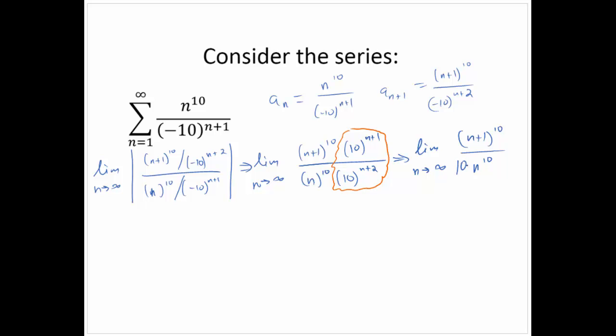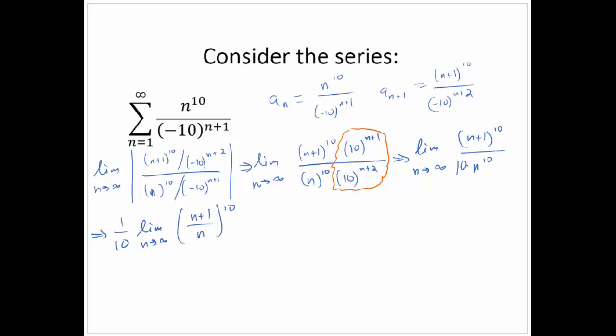I can bring that 1/10 outside. So I've got 1/10 limit n approaching infinity, and notice that everything left over is to the 10th power, so I can write that as n plus 1 over n to the 10th power.